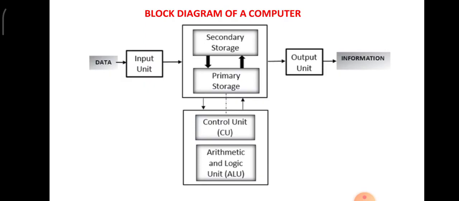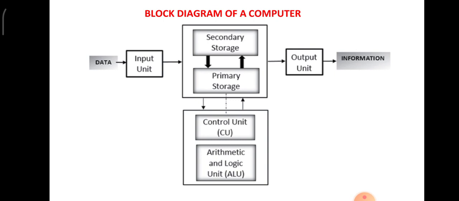It will check whether there is a loose contact with the keyboard or mouse or other ports that are available. So the control unit basically manages the connection part of all the components that are involved, and immediately the control unit passes on the control to the arithmetic and logical unit.